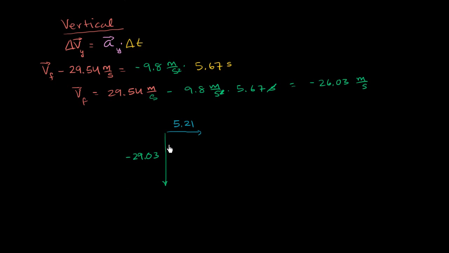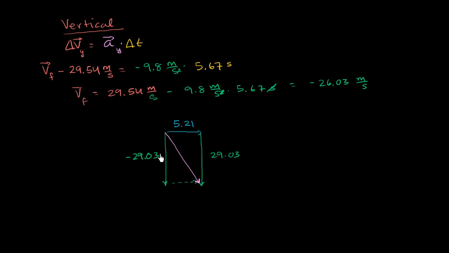So what is the total velocity? Well, I can do the head to tails. I can shift this one over so that its tail is at the head of the blue vector. So it would look like that. The magnitude of our vertical component is 26.03. And then we can just use the Pythagorean theorem to figure out the magnitude of the total velocity upon impact.